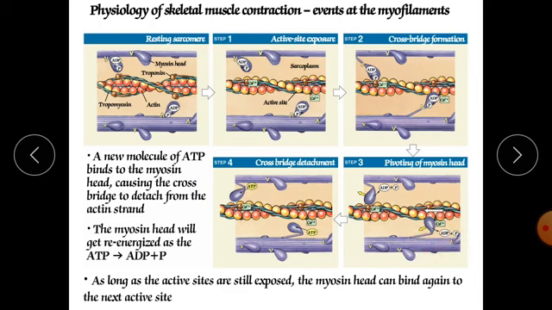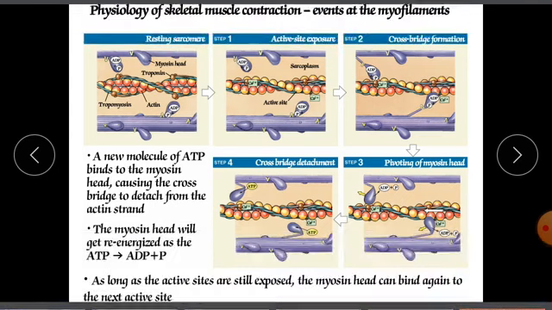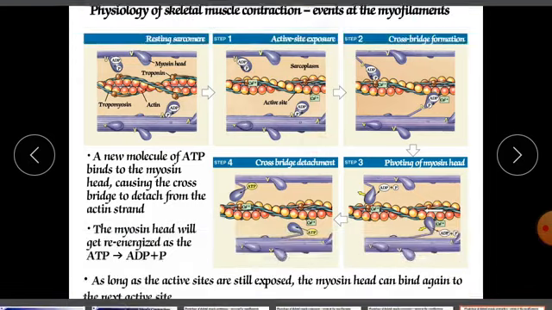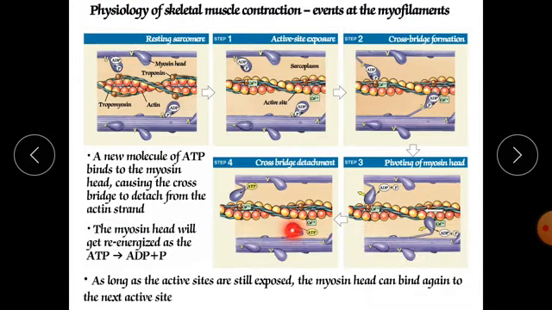As long as the active sites are still exposed, the myosin heads can bridge again to the next active sites. So again if it is exposed, it is ready. Now you can see here again this site is ready to bind with the next active site of actin. Again this myosin will bind with the next actin.